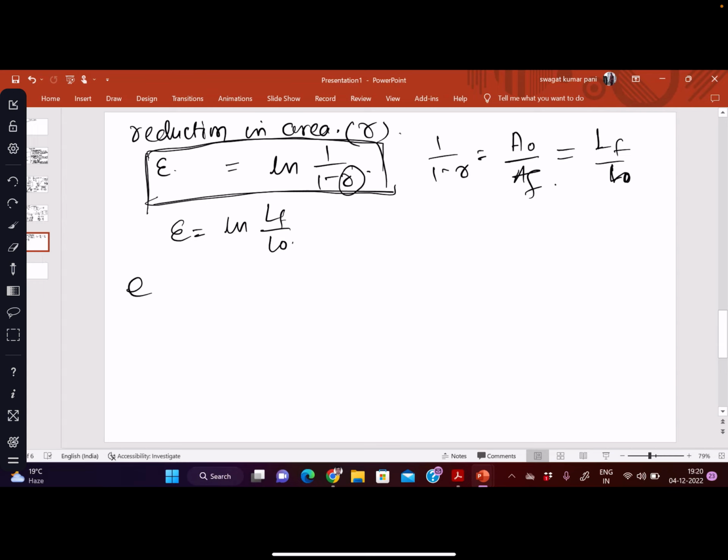Similarly, if you want to calculate the engineering strain, what is this? L minus L0 by L0.